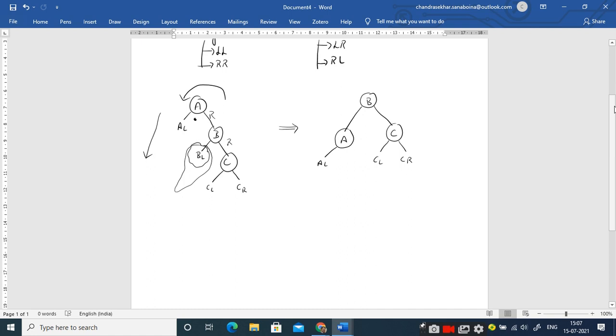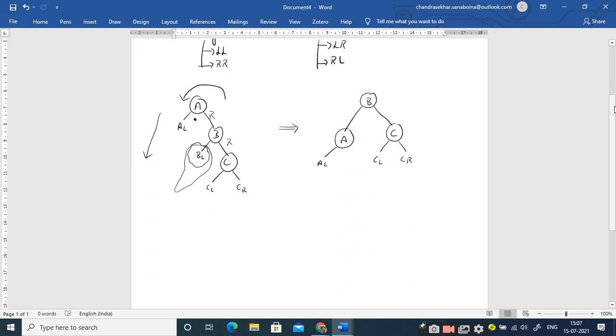Greater than A and less than B. I am not bothered about what happens in B. BL is not a simple element; you can have a left subtree and any number of elements under this BL.